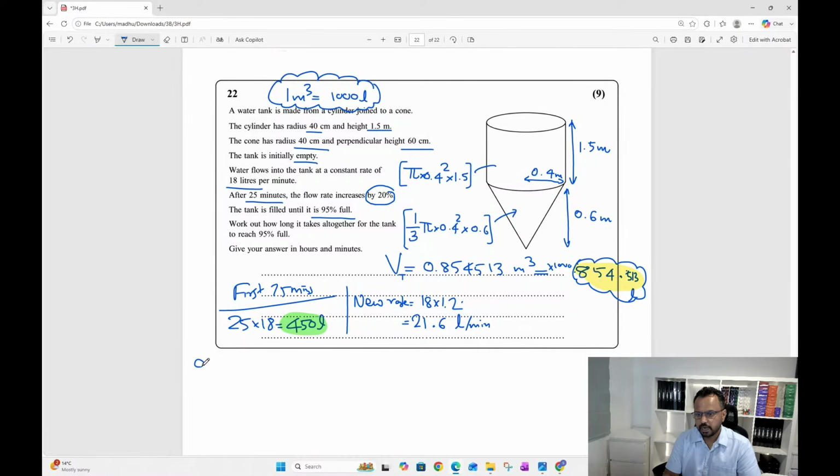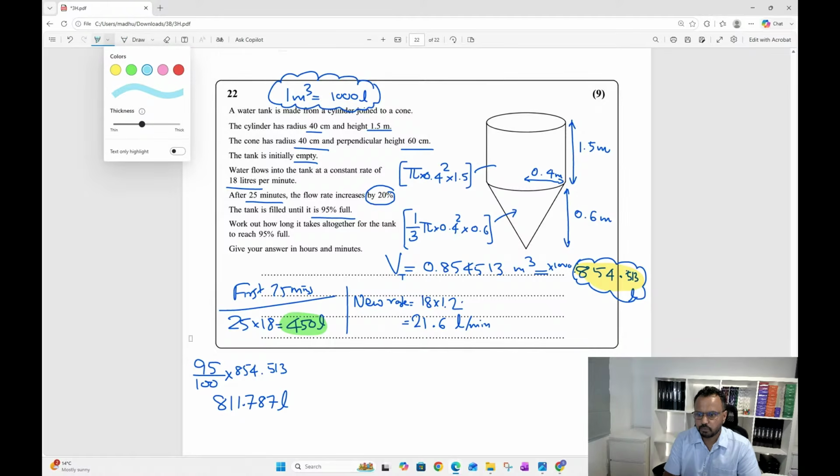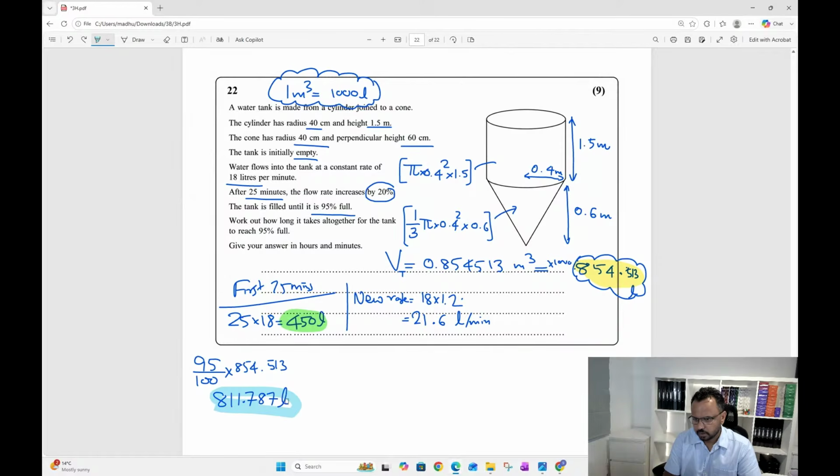So 95% of 854.513. 854.513 multiplied by 0.95 gives you 811.787 liters. This is the total volume that we are going to fill.